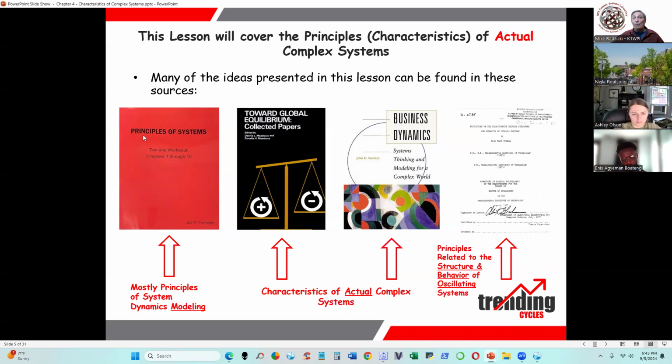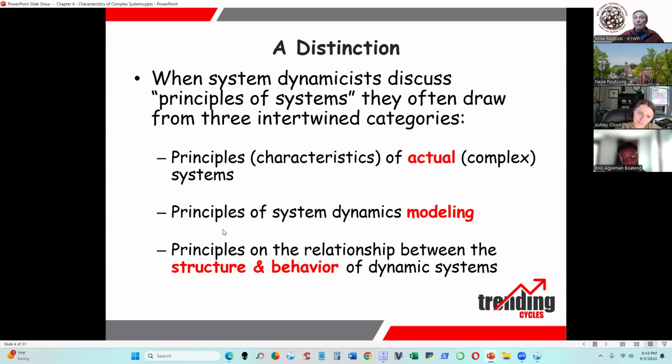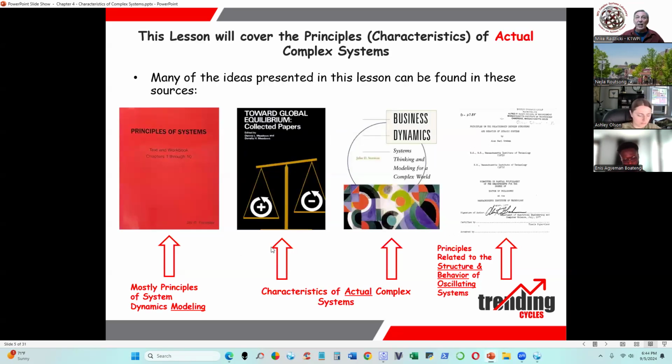So Forrester wrote a book called Principles of Systems, okay? And it's mostly about principles of system dynamics modeling. Okay, he does have some other stuff in there, but that's principally what it's about. On the other hand, Sturman's book has a list of systems principles, and this collected papers by the Meadowses, which has a paper by Jay in it.